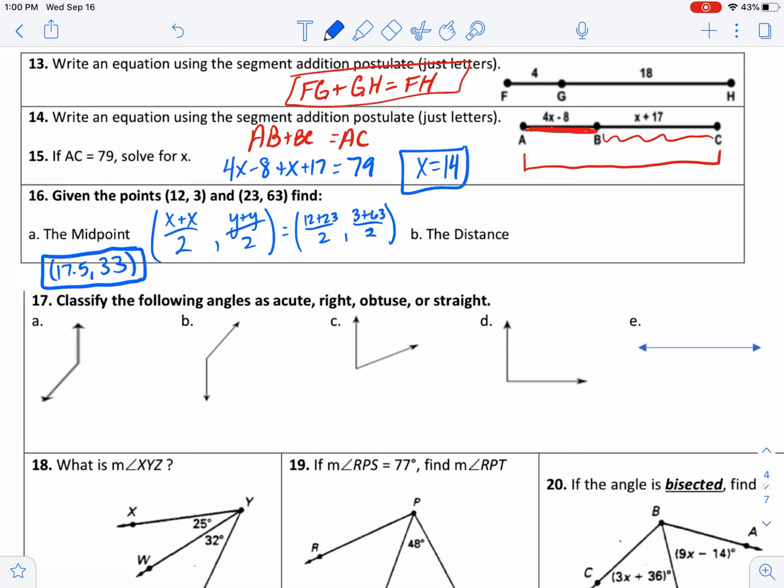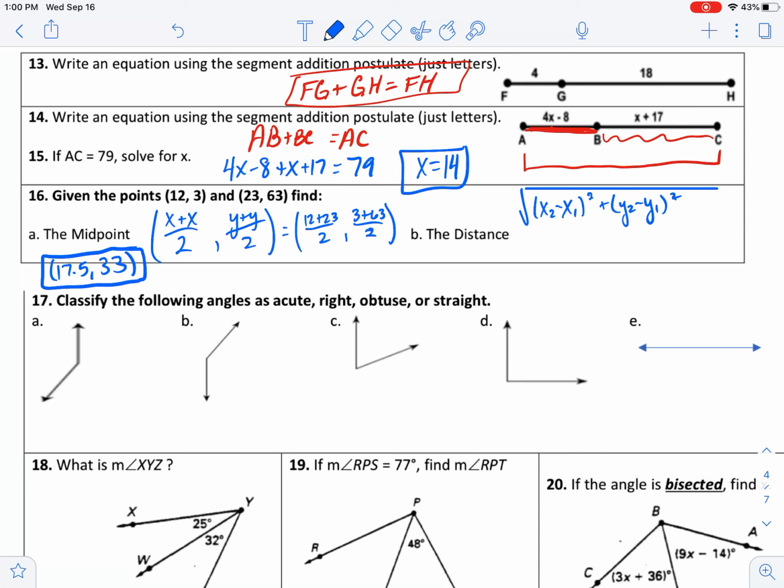And now we got to do our distance formula. So distance formula, I should probably write it like this. There we go. That's where I got x2 minus x1 squared plus y2 minus y1 squared.